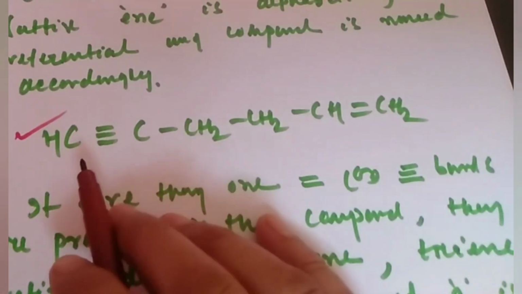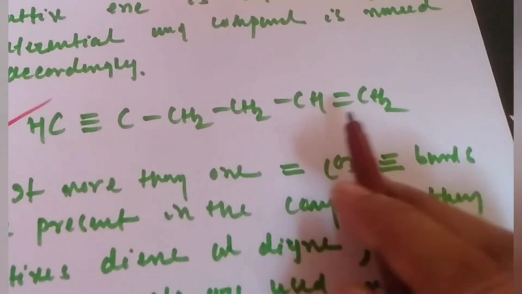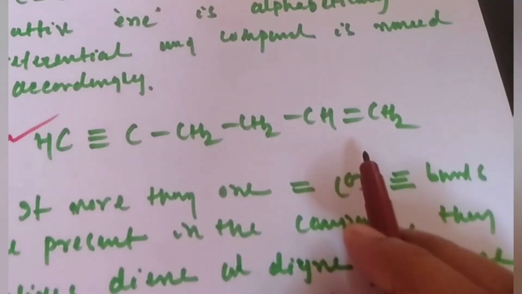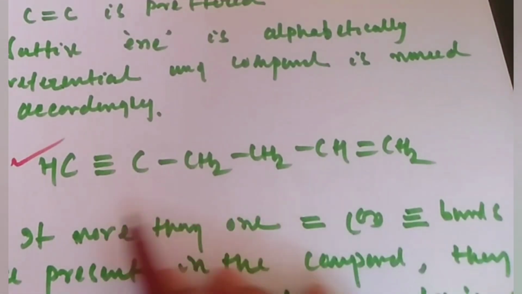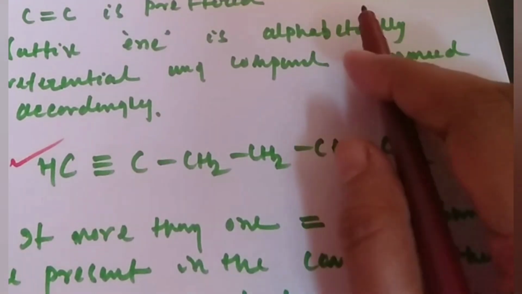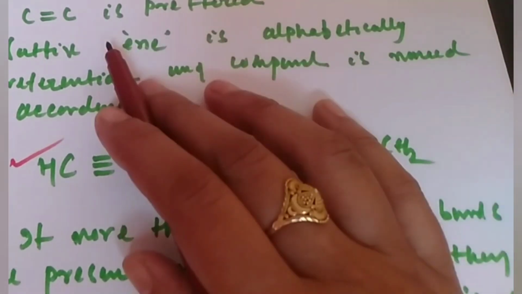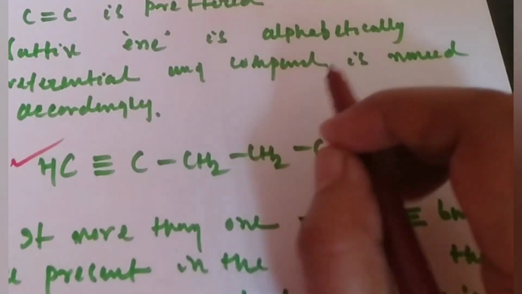Okay, then in this case, if you move from left to right, in one position there is a triple bond, when you move from right to left, in one position there is a double bond, okay, then which way do you have to proceed? Now according to the rule, if both are present in the same locant position, position number 1, then preference is given to the double bond because ene comes first, then yne.